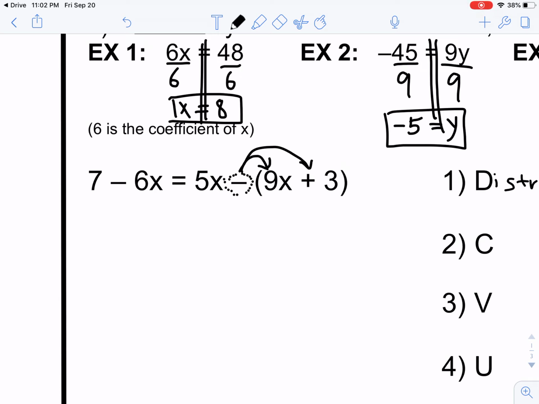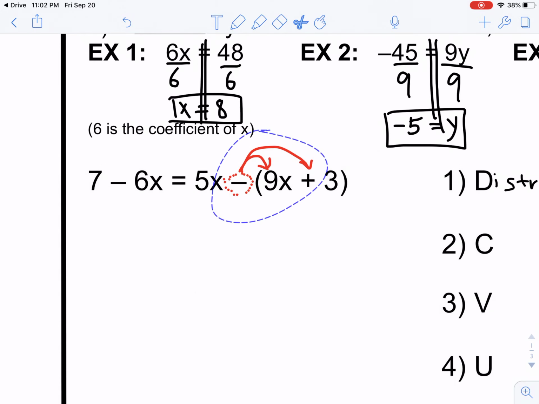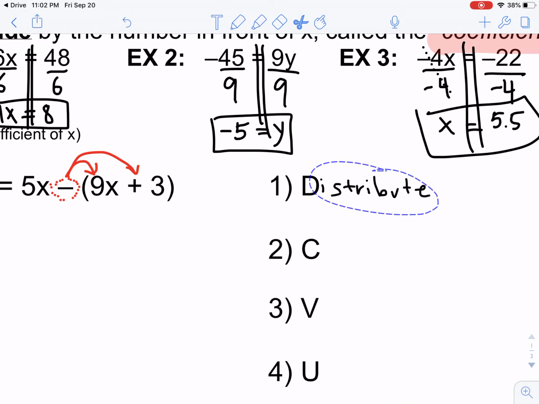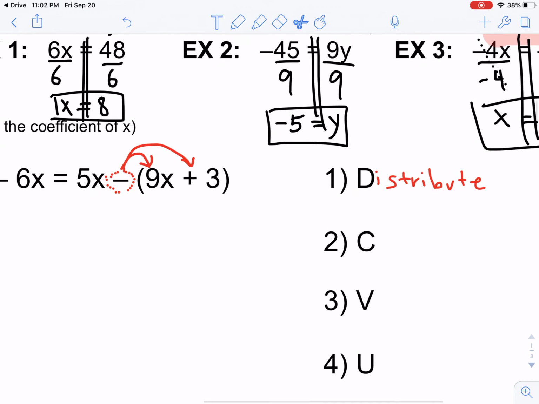I'm going to go ahead and copy. Here, let me actually change all of this to red, just so you can see what's happening.